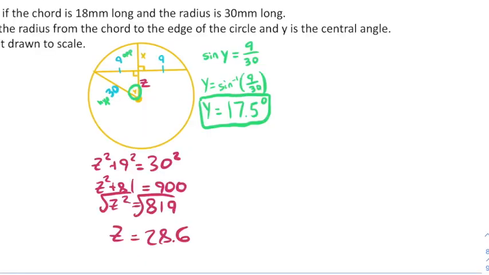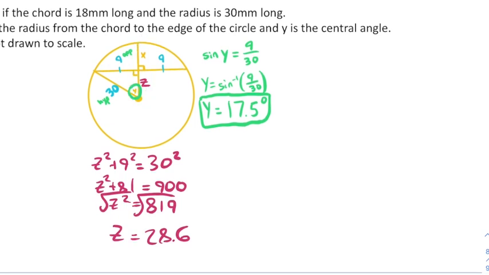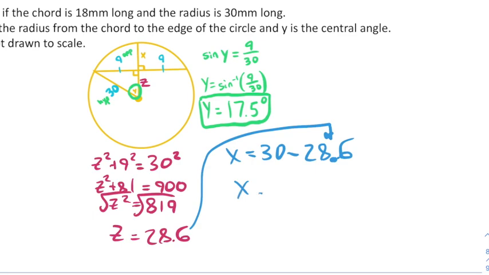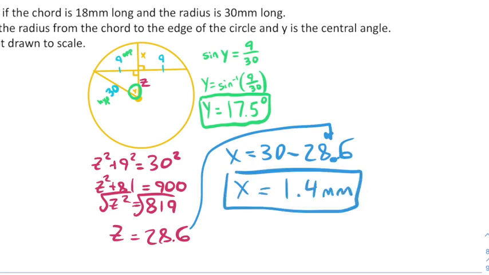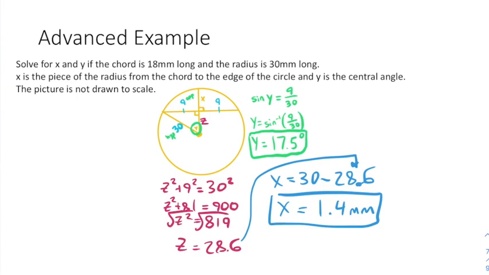Now, as we just said, x is part of this 30 unit long or 30 millimeter long radius. And now that we know z, we can do x equals 30 minus that chunk, 28.6. And that gives us an answer of x equals 1.4 millimeters. And now we've solved for x and y, and there's nothing left to do on this problem.